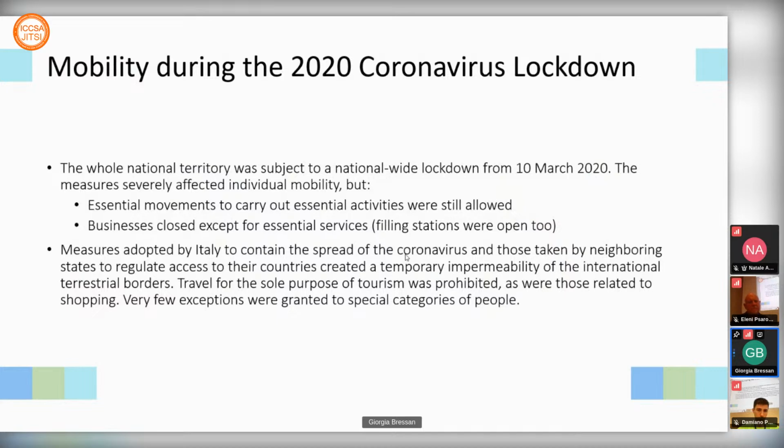The second important point to remember about the pandemic is that the measures adopted by Italy to contain the spread of the coronavirus and those taken by neighboring states created a temporary impermeability of the international terrestrial border, so that travel for the sole purpose of tourism was prohibited, as were those clearly related to shopping.